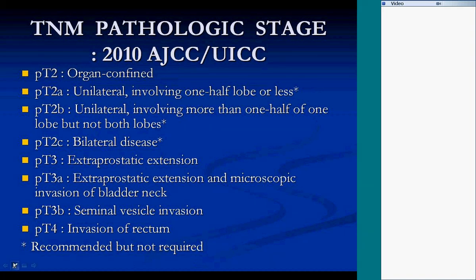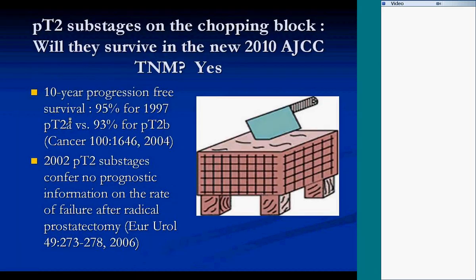Also in the CAP protocol, there's been a lot of debate about subcategories of pT2a, b, and c, so we have an asterisk next to those different substages because it really doesn't provide any prognostic impact as far as patient outcome after surgery. So it's been on the chopping block for some time, these pT2 substages. And the big question is whether they would even be included in the new 2010 AJCC TNM. The answer is yes, it is.